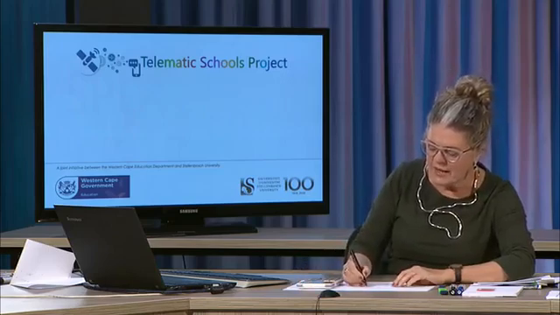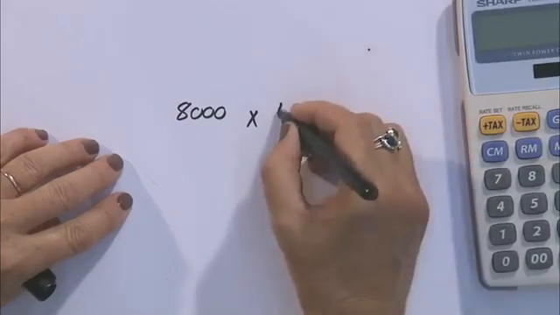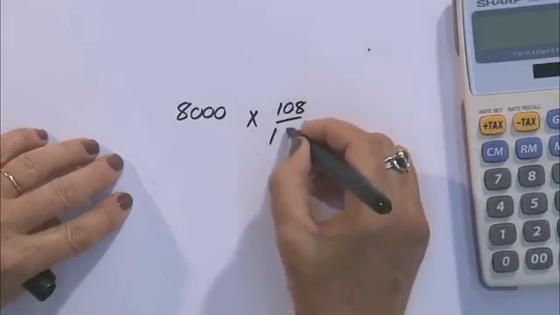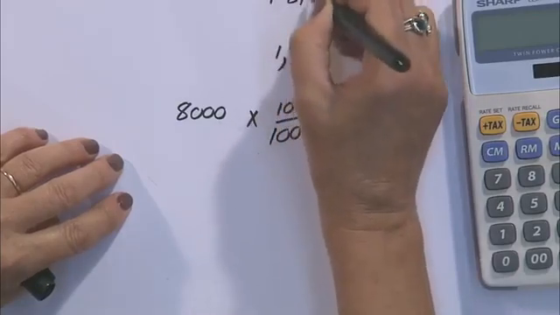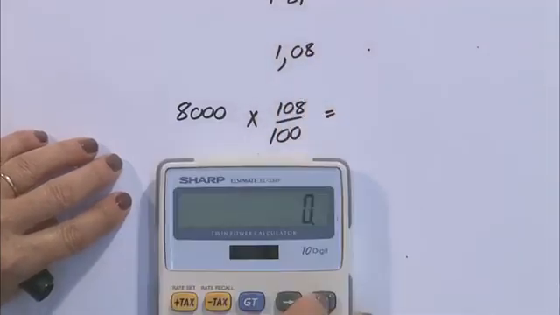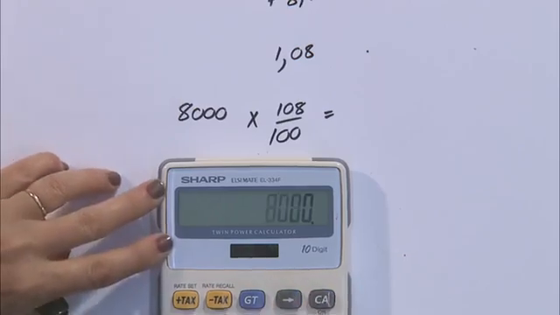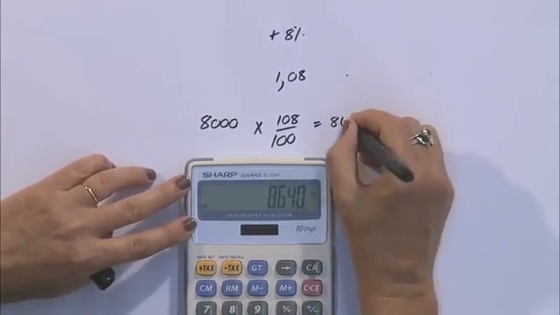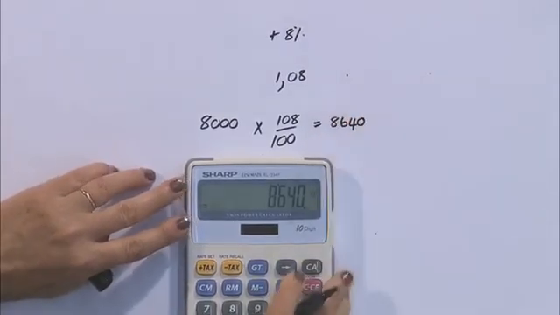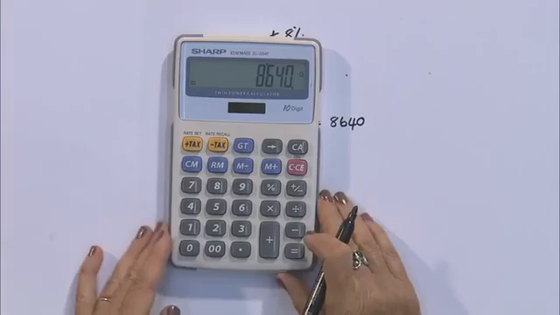Let's say a person earns 8,000 Rand and we give him an 8% increase. You would do this, or any which way you want. You can say 1,08, you can add 8%. But the point is, this person's salary goes from 8,000 to 8640. But what if I just gave you the 8640?